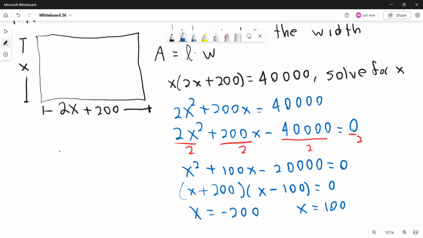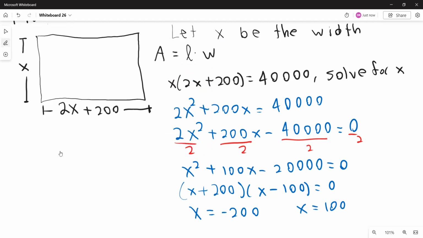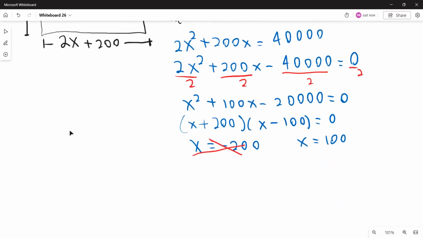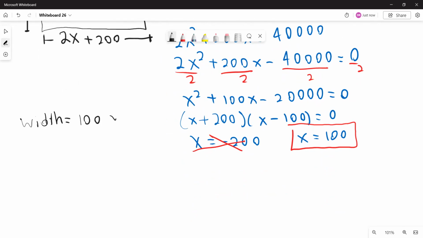But negative 200 is negative. We want to find the dimensions of a parking lot, and dimensions cannot be negative. So we must keep the positive solution. So that's going to be the solution. And that's it. The width is 100 yards.